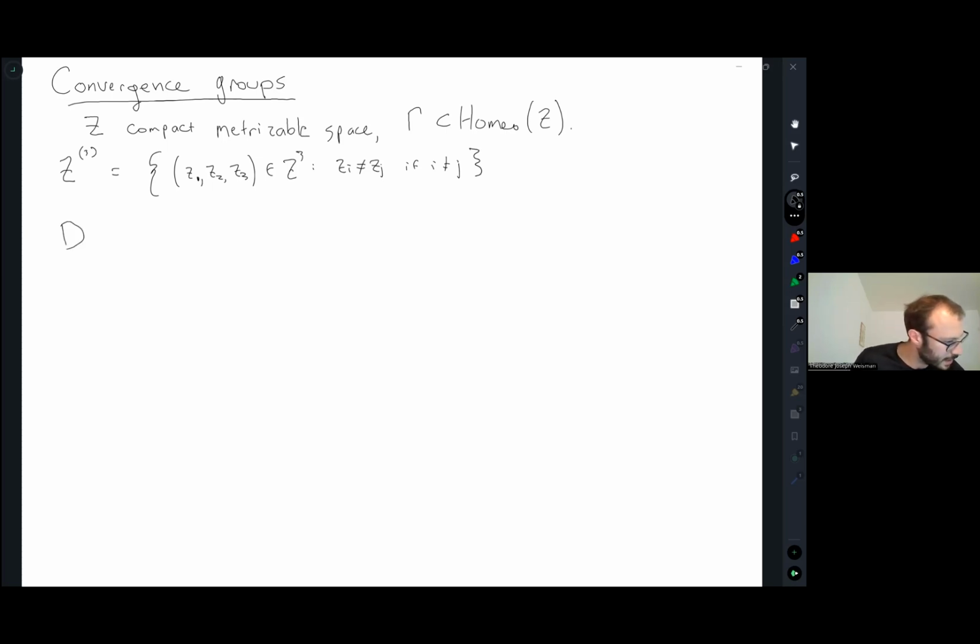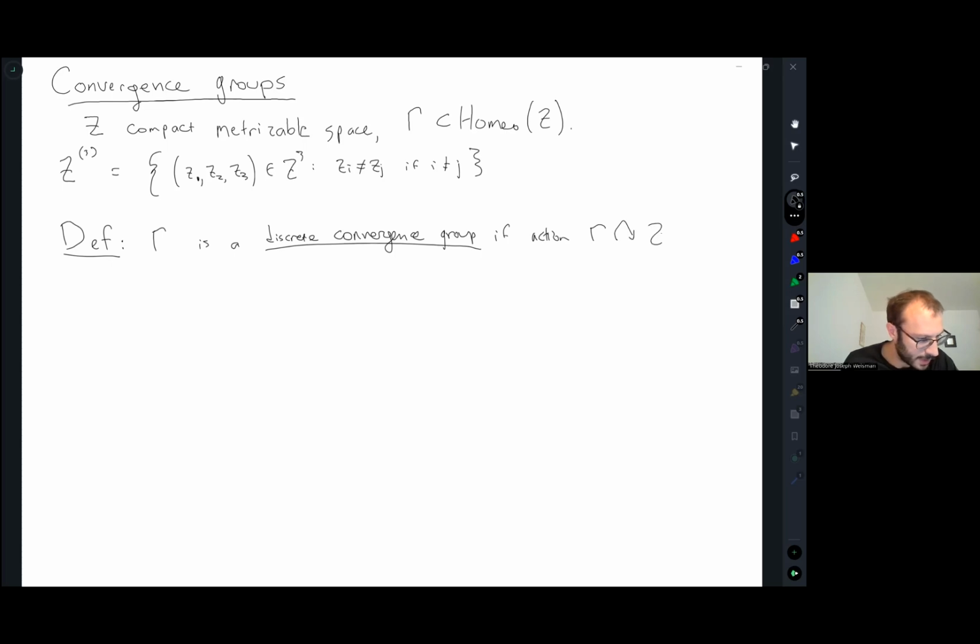And I'm going to say that my group Gamma, acting by homeomorphisms, is a discrete convergence group if the action of Gamma on this space of triples is properly discontinuous. Okay, so to motivate this a little bit, here's the canonical example to be thinking about.